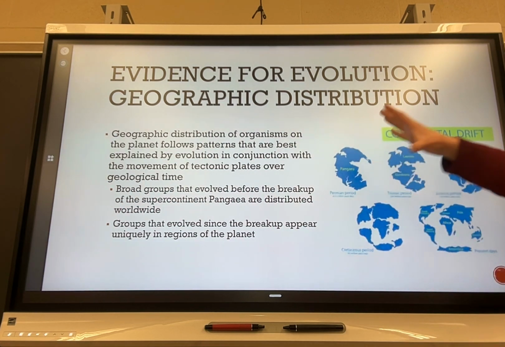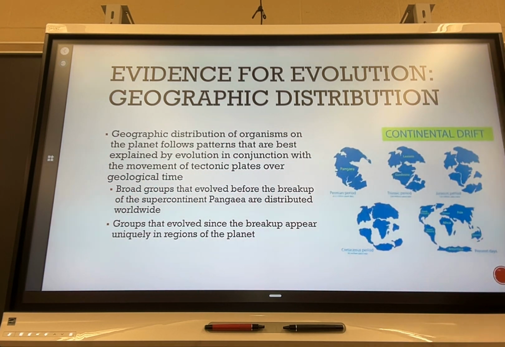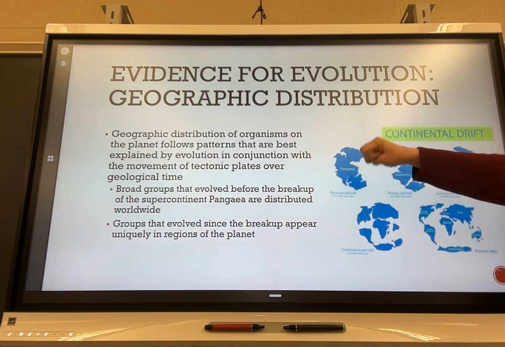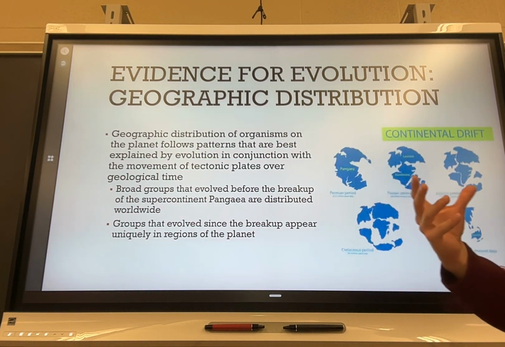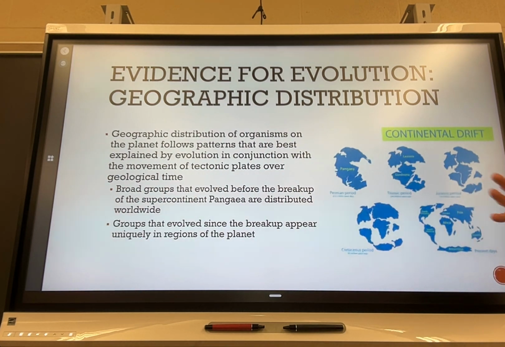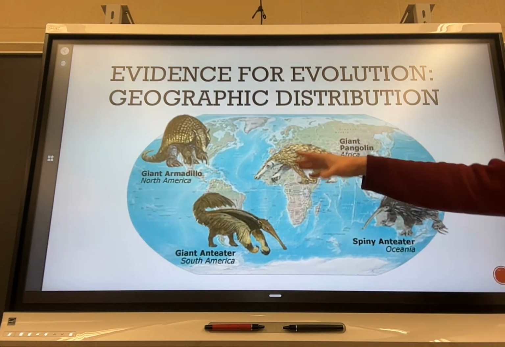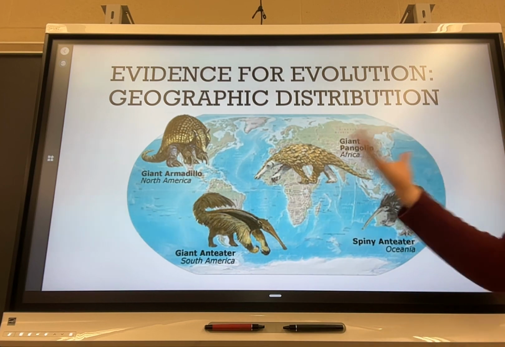So over time, we had multiple supercontinents over the course of Earth's life. The last one was a continent called Pangaea. And as these continents spread apart, the organisms that lived on them were separated. But we usually find that even so, we get a lot of convergent evolution.